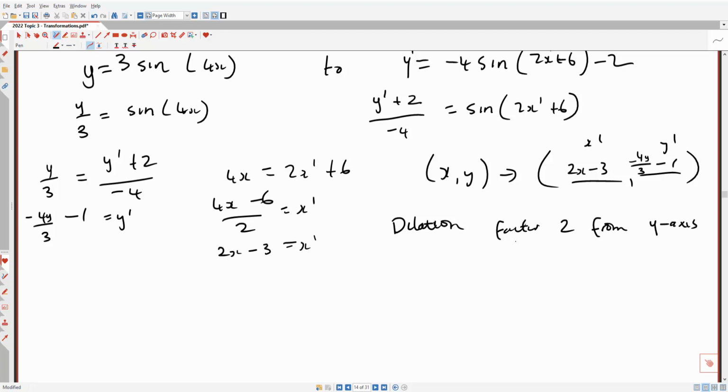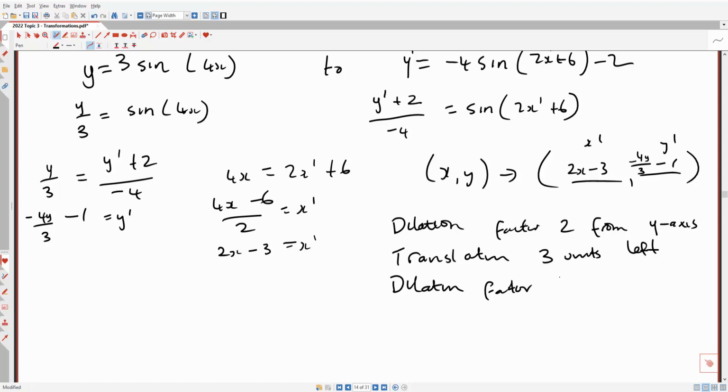This then subtract 3 is a translation 3 units left. Over to y, so we can write the negative sign first. I've been doing that, so I've been doing the reflection first. This time I'm going to do the dilation first, just to show you that it can be stated in any order. Dilation factor, so what's y being multiplied by?